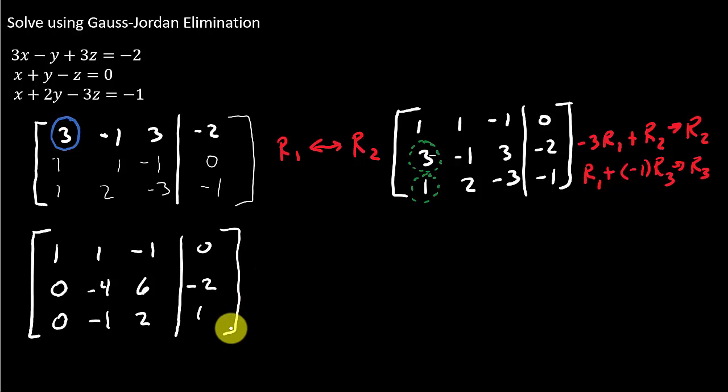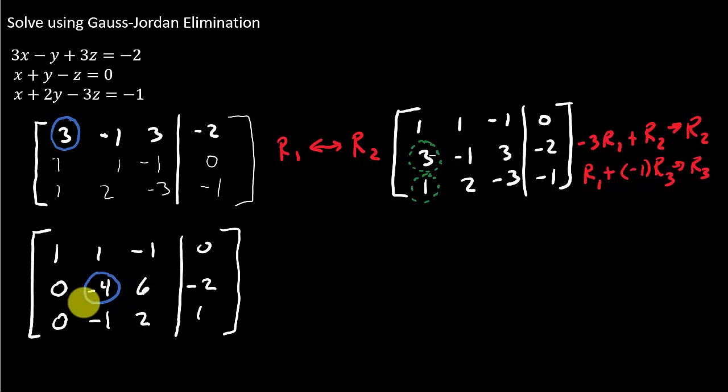All right, so there's the matrix after doing this. Now, what did it say? It said to get a 1 in the second row, second column. So you can see I need a 1 right here.